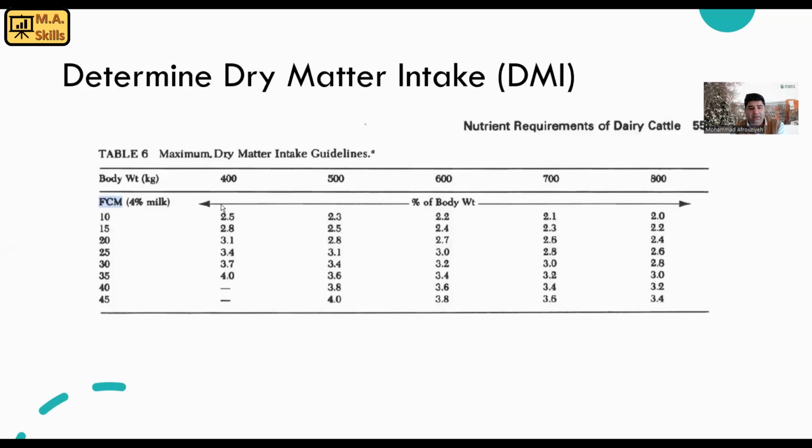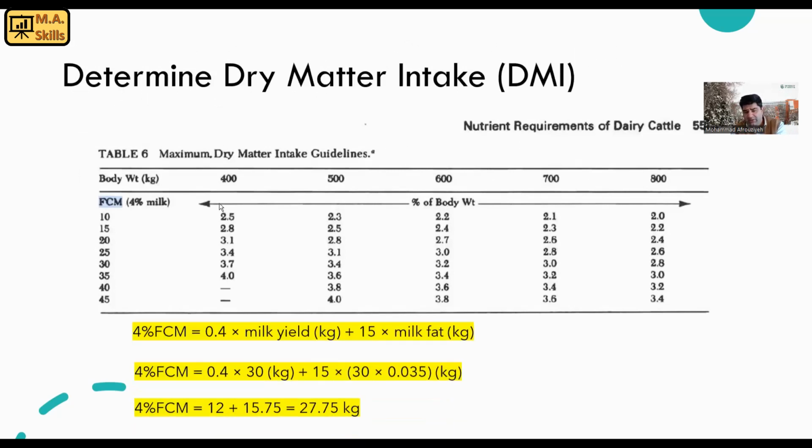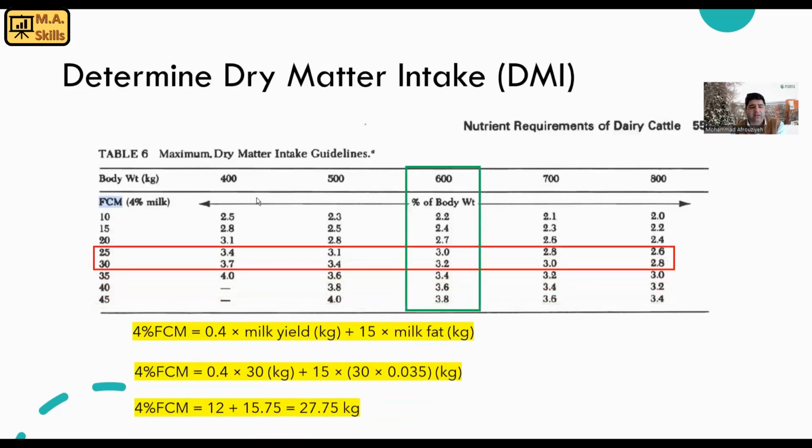But I showed how to calculate dry matter intake in the second episode, so you can understand the concept. And if you remember, we calculated the dry matter intake based on the coefficients given in this table, based on the 4% FCM or fat-corrected milk.